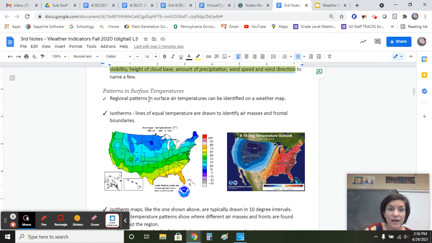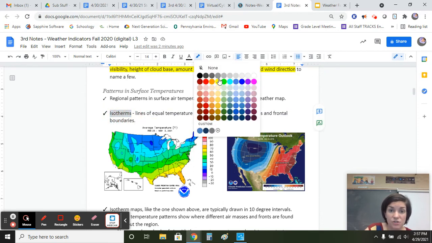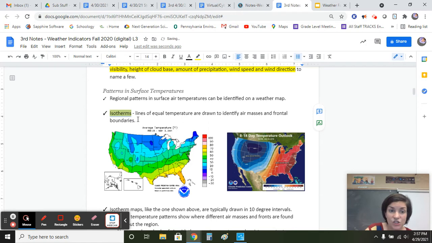All right, regional patterns and surface air temperatures can be identified on a weather map. So isotherms, notice that therms, just like thermometer, has to do with temperature. These are lines of equal temperature that are drawn to identify air masses and frontal boundaries.